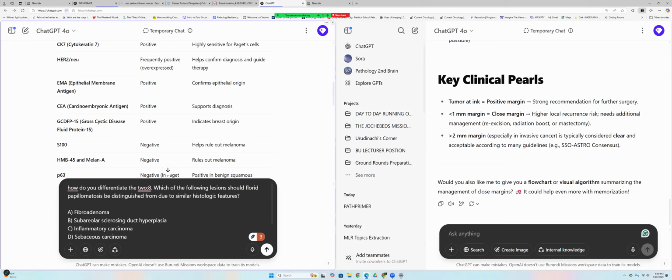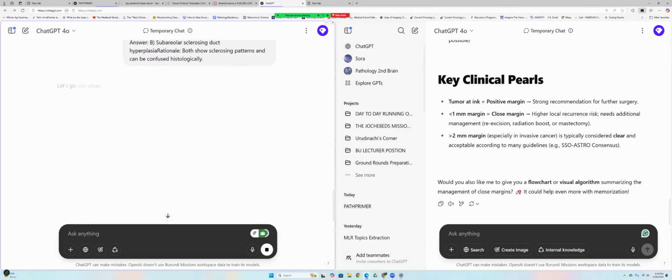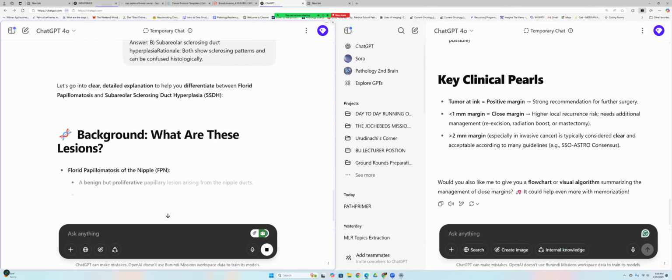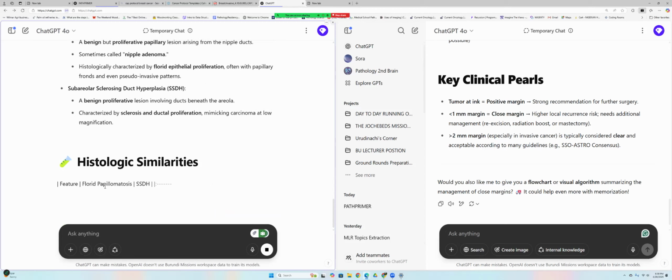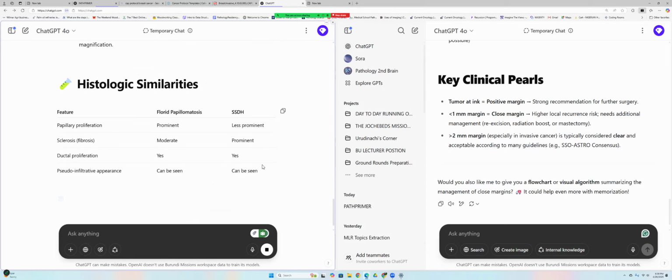Histologic differences between the two: for florid papillomatosis, papillary proliferation will be prominent. That's why I said it looks like papillary formations. Papillary formations are less in this one. Sclerosis is more in this one because it's subareolar sclerosing duct hyperplasia.